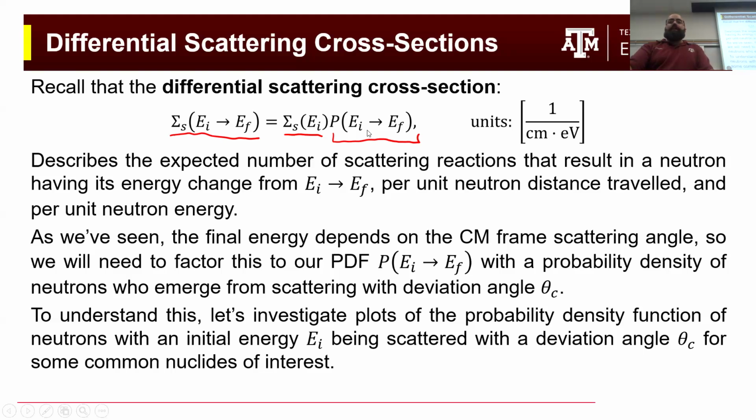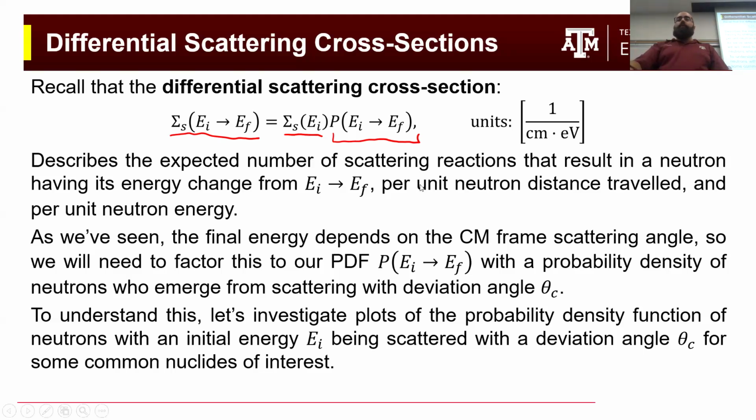So this product is the differential scattering cross section, which tells me about the expected number of reactions that result in my energy changing from EI to EF per unit neutron distance traveled and per unit energy. And what we were just saying is that the final energy that I come out of that scattering reaction with is going to depend on the distribution of my neutron, and what angle it comes out of that scattering reaction.